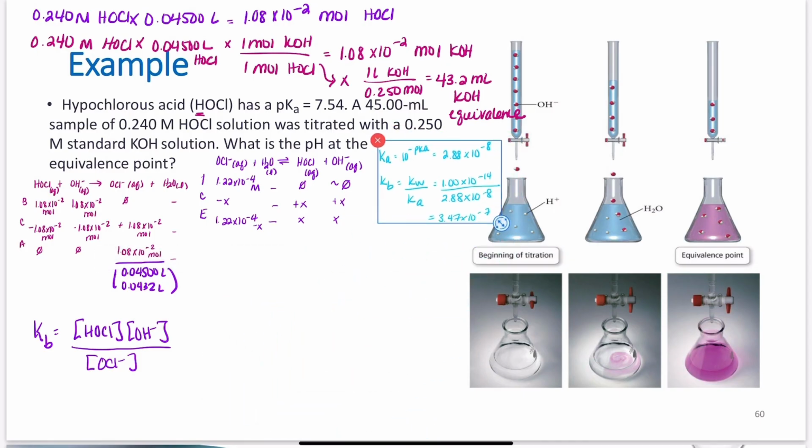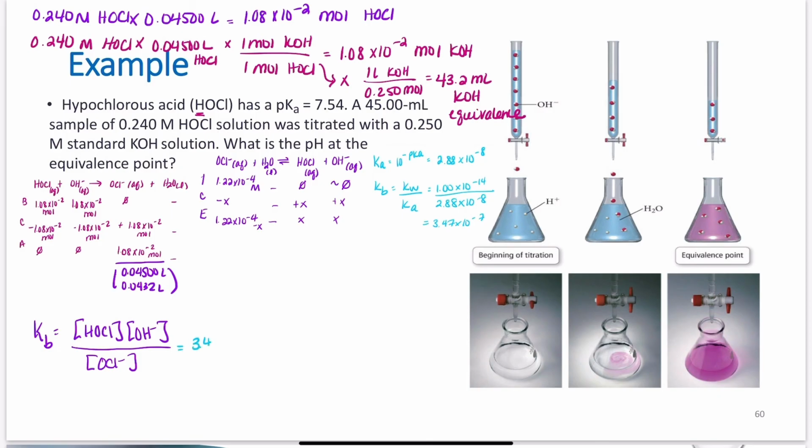And a very full slide. So this equals 3.47 times 10 to the minus 7, and it equals x squared over 1.22 times 10 to the minus 4. Again, we're going to assume that this value of x is really small, so insignificant we can ignore it. Solve for x.